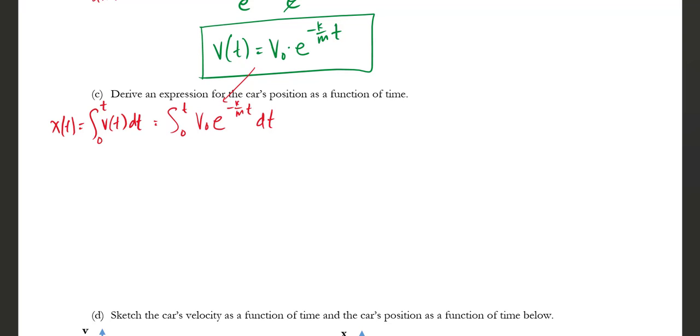Now this is kind of nice because the integral of e to something is e to that something. We just have to worry about pulling out our constants. So let's pull out our initial velocity on the outside. Now, when you take the integral of e to some power where there's another constant inside, there's a thing you might have learned in calculus called the chain rule.